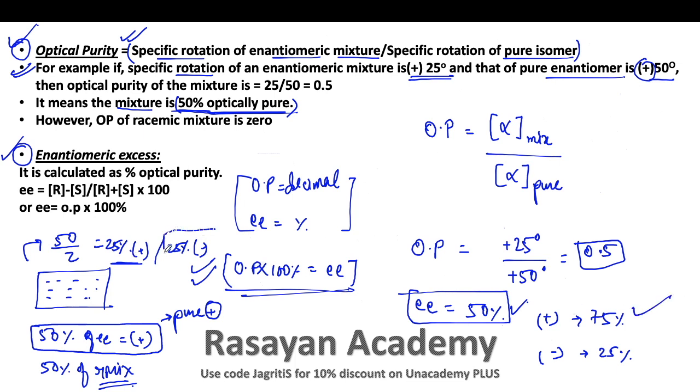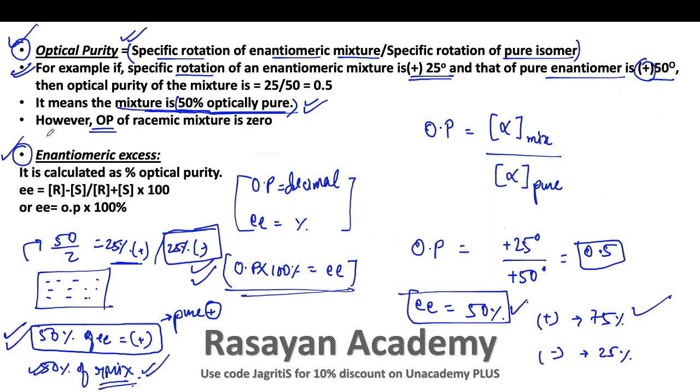And when you take the negative, you get only 25%. So that is how I can say that this 50% is optically pure and the other 50% is a racemic mixture. That is just another way of saying optical purity is 50% and the remaining part is a racemic mixture.